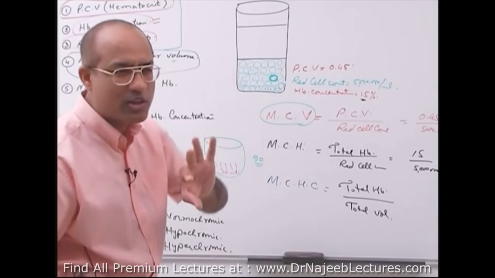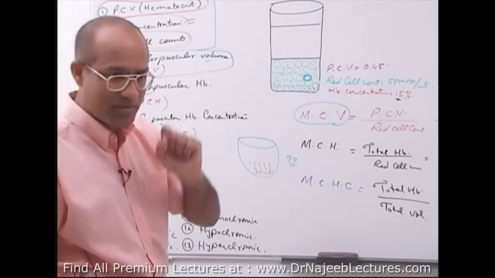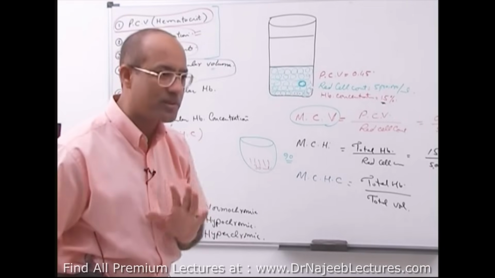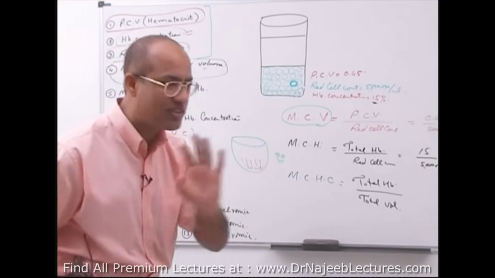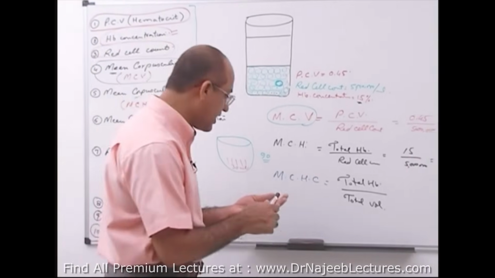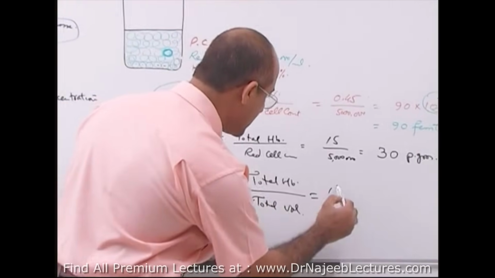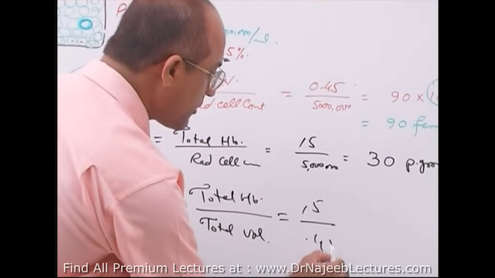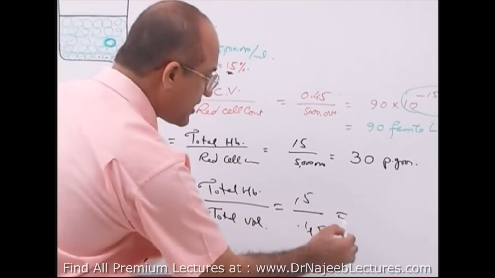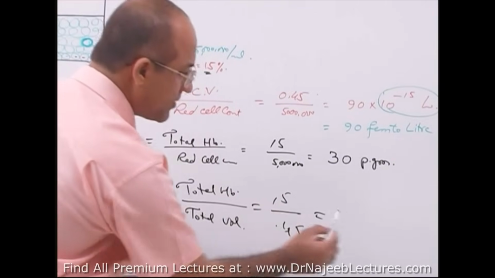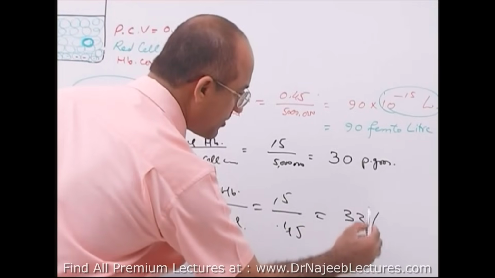So that we know the degree of filling of RBC volume by the hemoglobin. What is the degree of hemoglobinization, right? So in this case, what is the total hemoglobin? 15. What is the total volume? 0.45. When you work it out, it becomes how much? 33%.